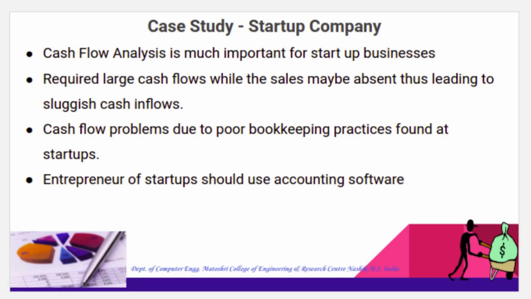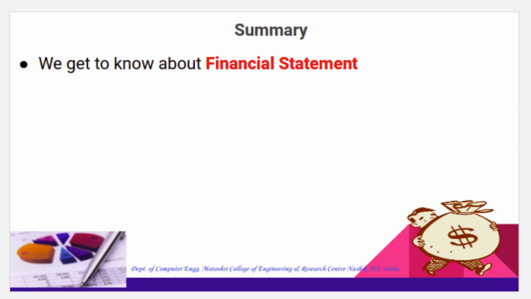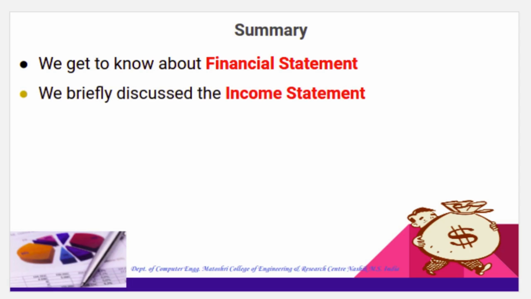Now it's time to summarize our session. By all the discussion, we get to know about the financial statement. We understood that the financial statement is a formal record of the financial activity of a business. We learned four basic financial statements. We briefly discussed the income statement, in which we learn whether the company is making or losing money during a stated period.